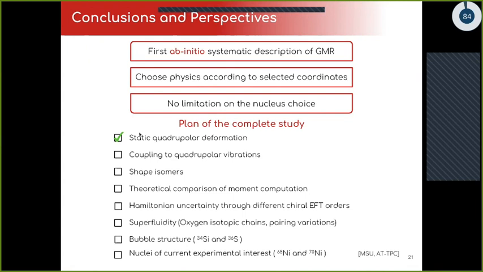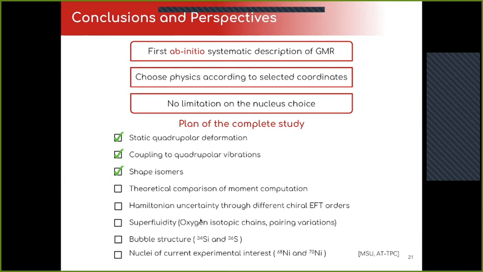By now, I have investigated the effect of static quadrupole deformation, as well as the coupling to quadrupole vibrations and the possible effects of shape isomers. In the near future, I will be trying to provide some theoretical uncertainties for comparison of moment computation, as I showed before, and to provide also uncertainties linked to the Hamiltonian, computing different solutions using different chiral EFT orders.